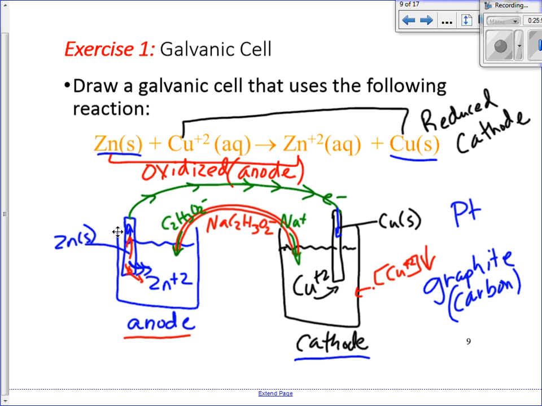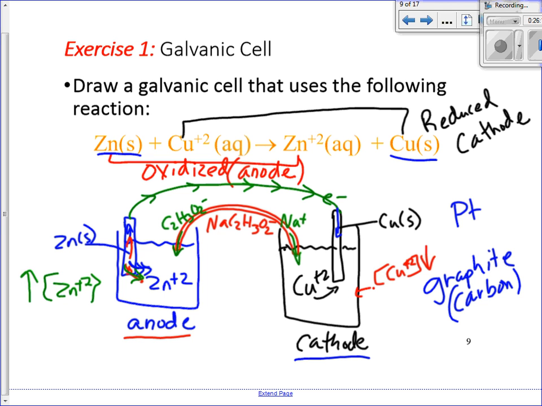Over here, what's happening to our zinc concentration? It is going to increase because it's breaking off and putting some of it into solution as the electrons escape up through the wire. So your zinc concentration increases, your copper will decrease.